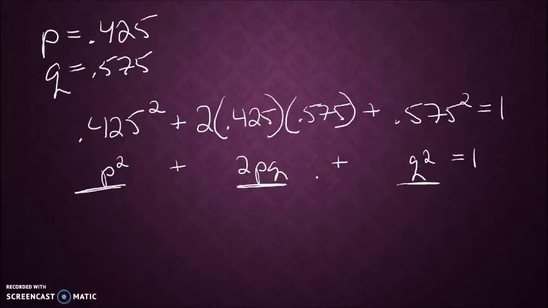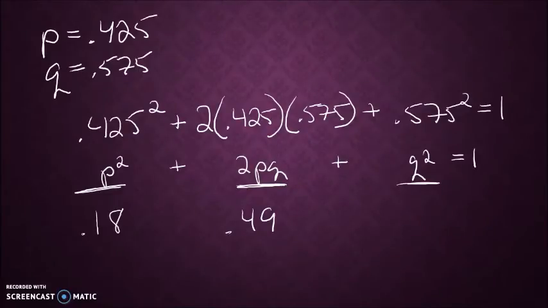So if I take 0.425 times 0.425, I get 0.18. And it's a much longer number than that, but I'm going to round to 2 digits. Then I'm going to go 2 times 0.425 times 0.575, and I'm going to get 0.49. Now in reality, I got 0.48875, but again, we want to go ahead and round to 2 digits just to make our life nice and easy.